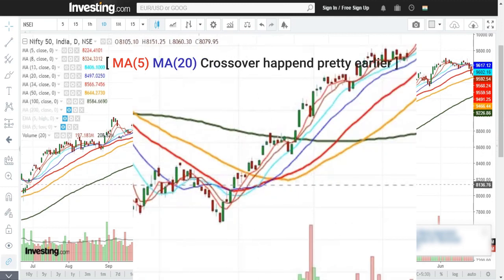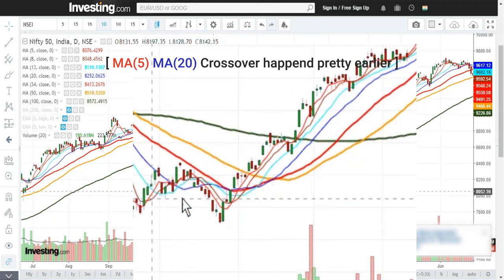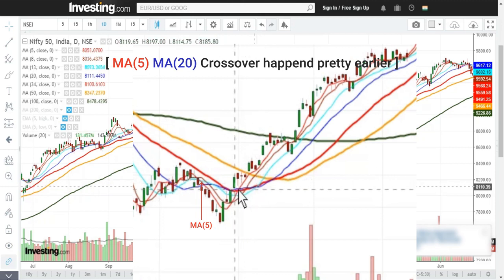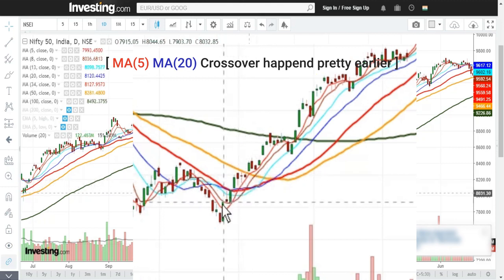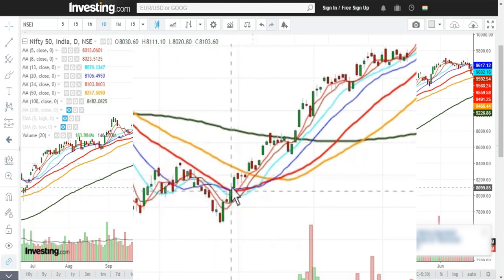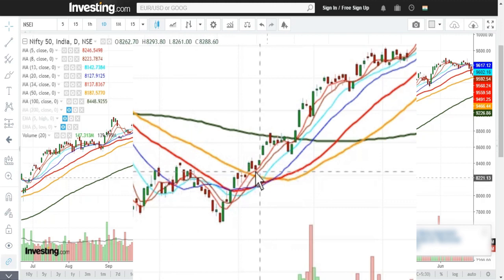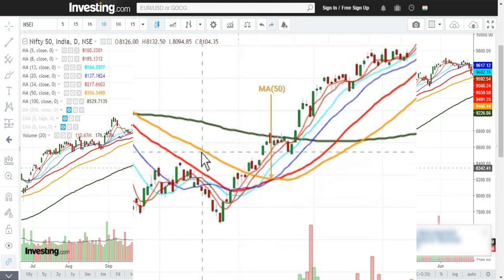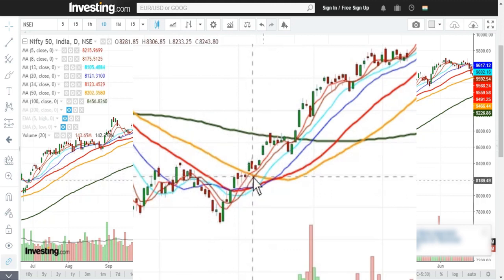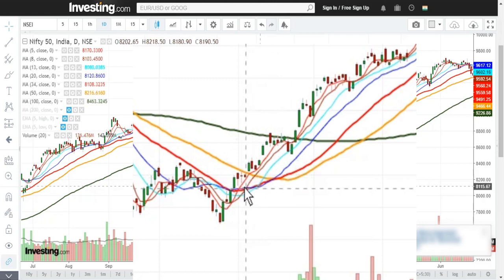The thin red line is the 5 period moving average, and this blue line is the 20 period moving average. Now this happened pretty early. This thin blue line is the 20 period, and this thick orange line is the 50 period.